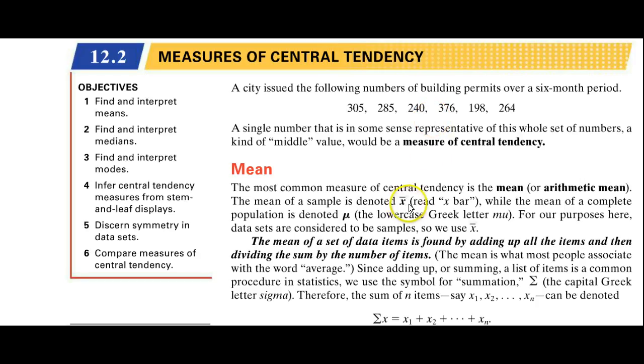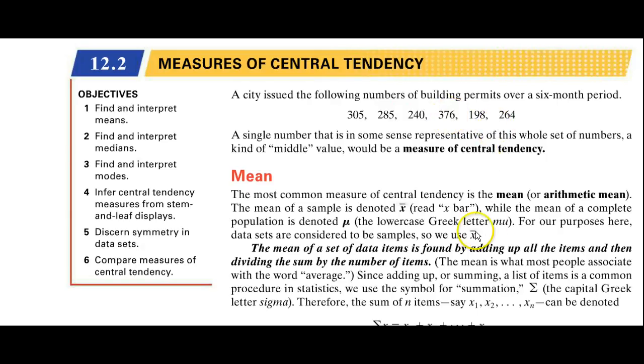And this symbol, read X bar, is the symbol for the mean, is what we use. Now, we also sometimes will use the symbol mu, the Greek letter, to indicate the complete population of something. Here we're only using a sample, so we use X bar.